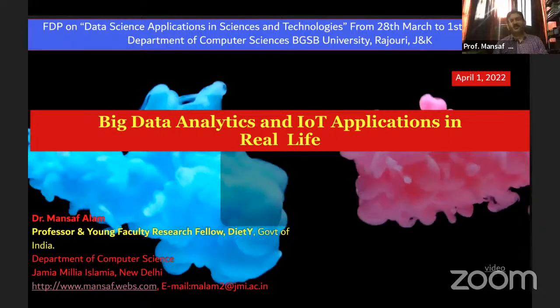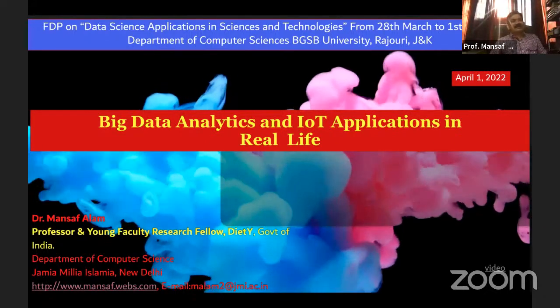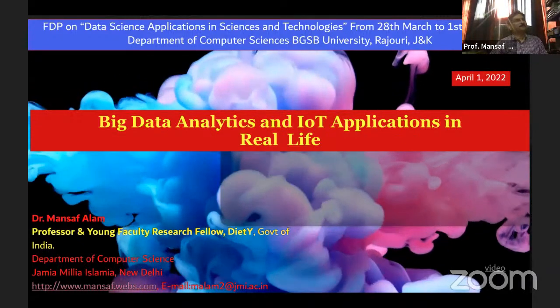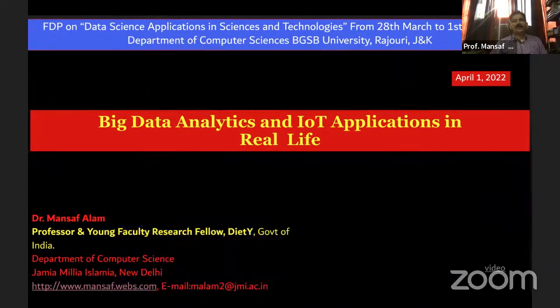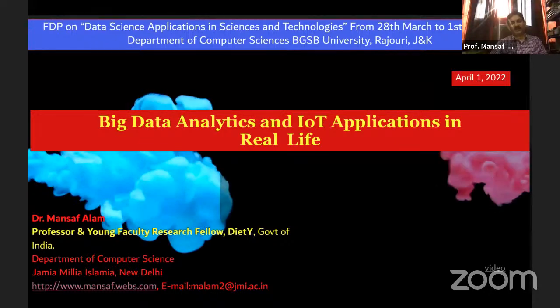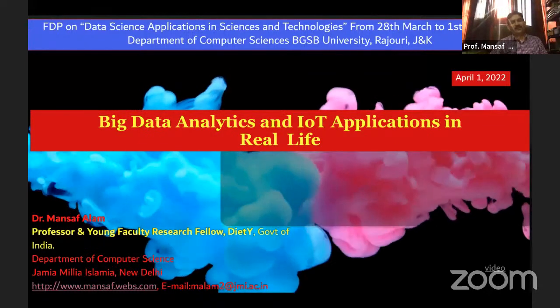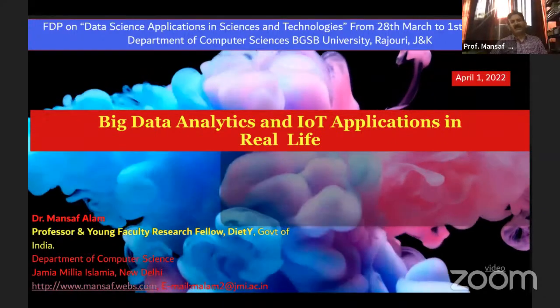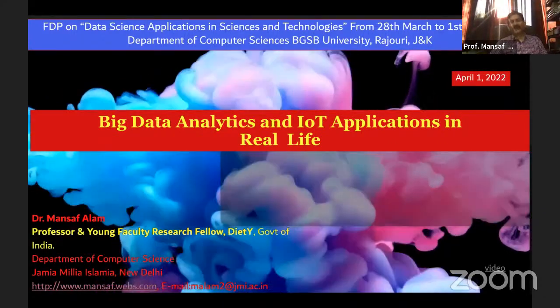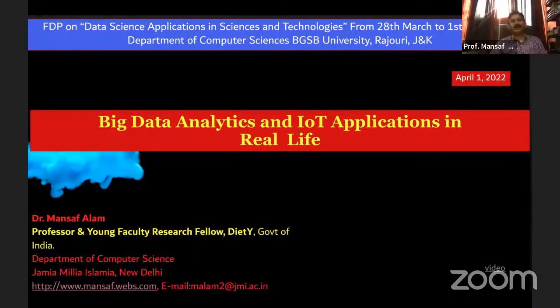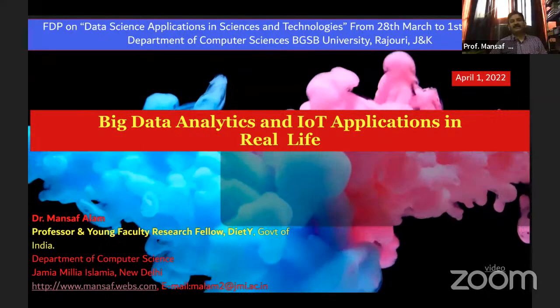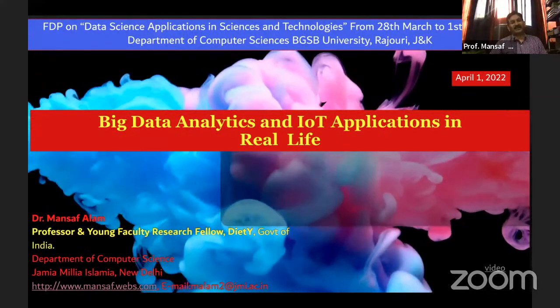Friends, we know these days data science is a very important field for research. There are a lot of applications of data science in real life, because there is a lot of data.